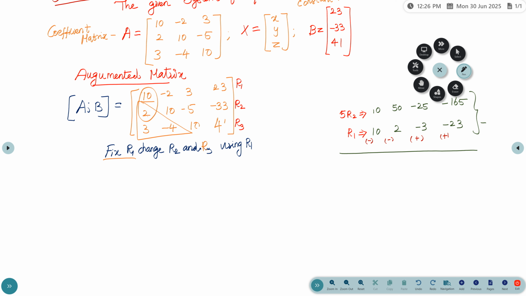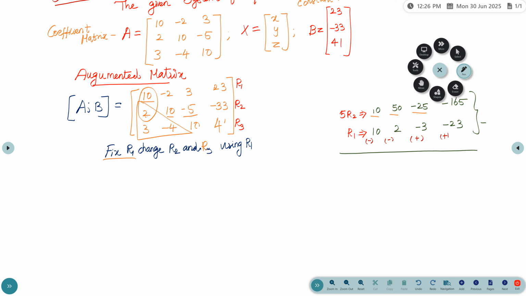What is the answer? 5 times 2 is 10, 5 times 10 is 50, 5 times minus 5 is minus 25, and 5 times minus 33 is minus 165. There is already a 10 present in R1, so we take R1 without any multiplication. How do we get the value?